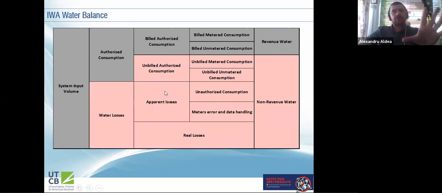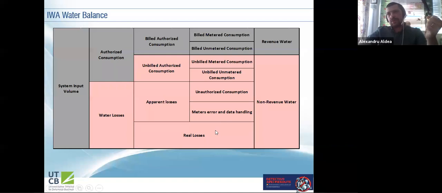Now, the apparent losses have two major components: unauthorized consumption, that means water theft, unauthorized use of fire hydrants, meter bypass, and stuff like that. The other is meter errors and data handling errors.